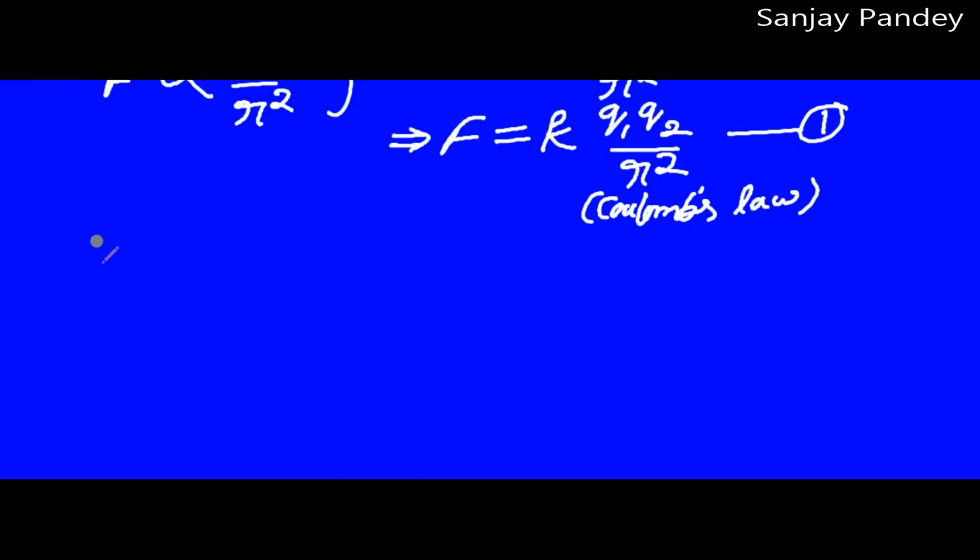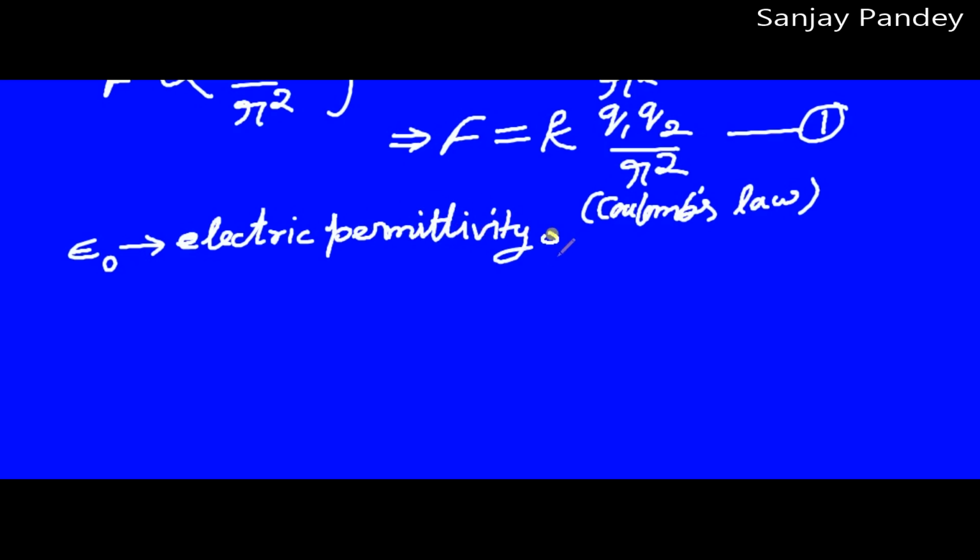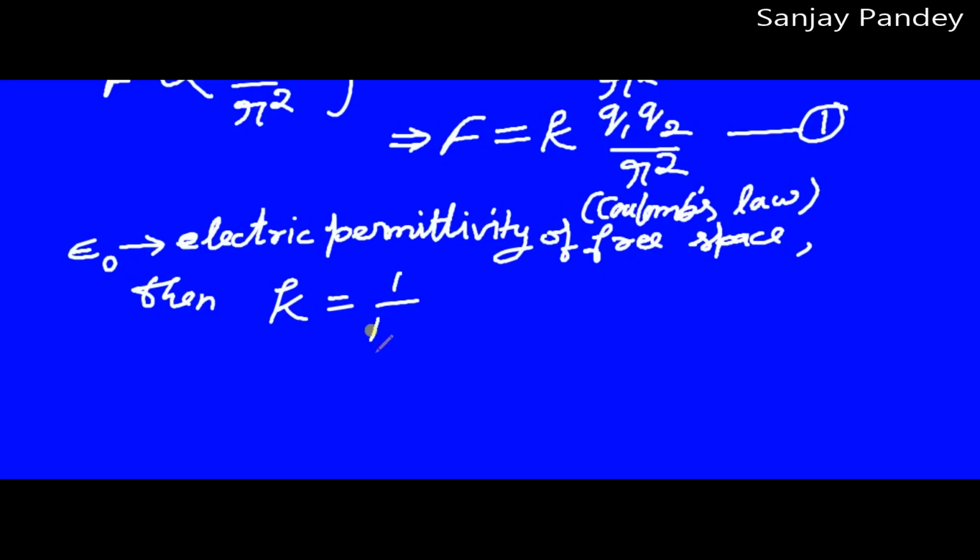If epsilon naught is the electric permittivity of free space, then K can be written as K is equal to 1 upon 4 pi epsilon naught.